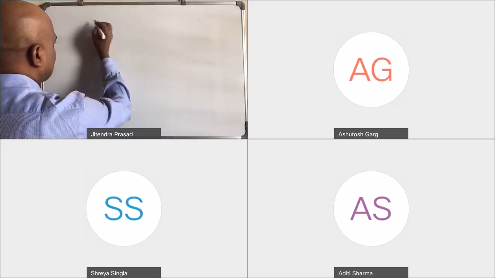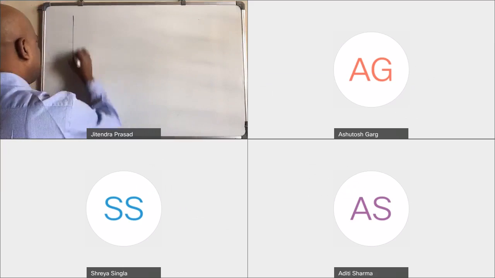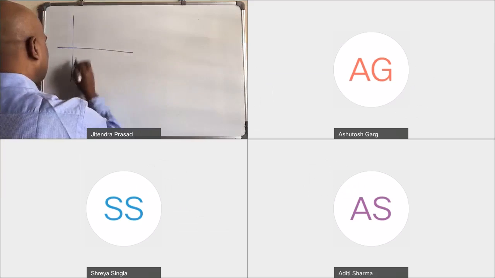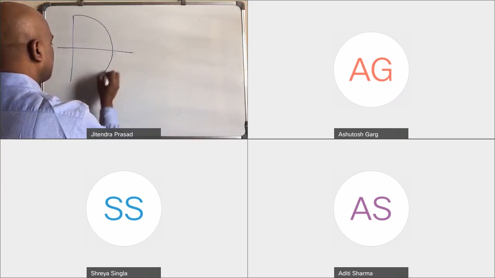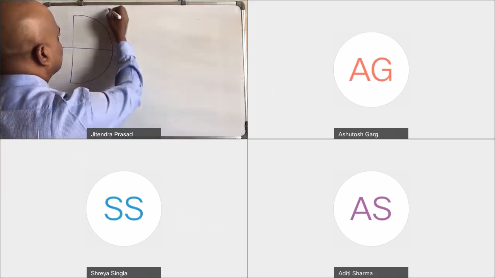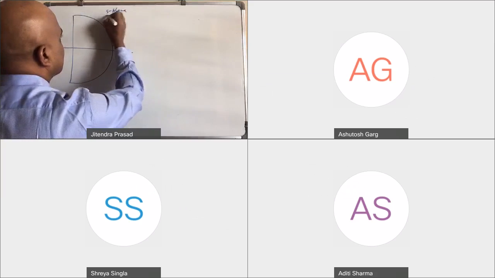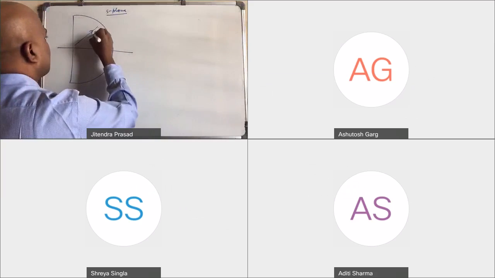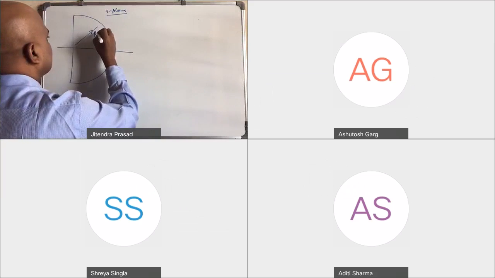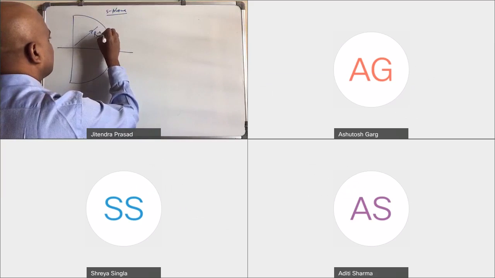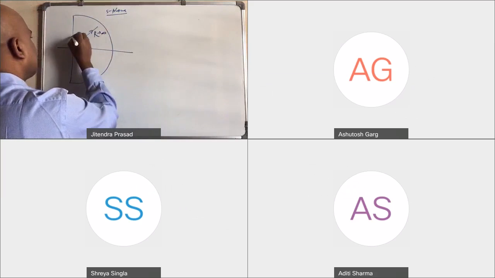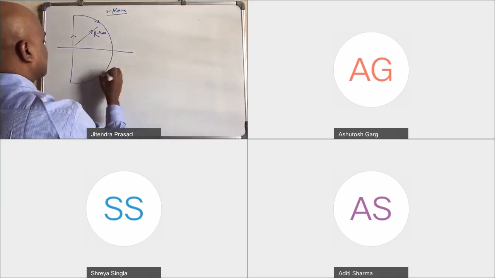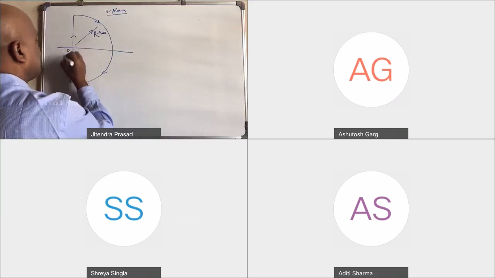So here there's a mapping, right? First you see the mapping. This is the S plane, and this is R, which goes to infinity. S goes to infinity, and it goes clockwise like this, and this is 0.